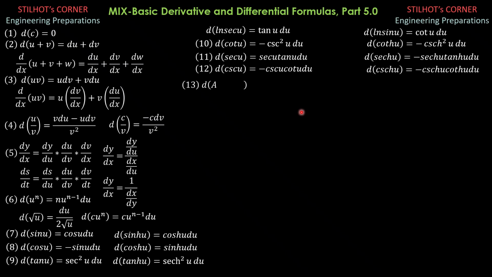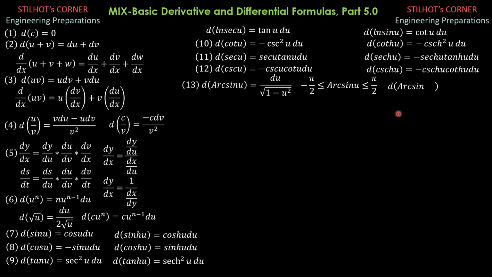Differential of arc sine of u is du over square root of 1 minus u squared. And this applies between negative pi over 2, negative 90 degrees, to positive 90 degrees, or negative pi over 2 less than or equal to arc sine of u less than or equal to pi over 2.